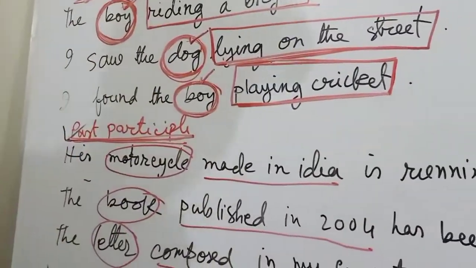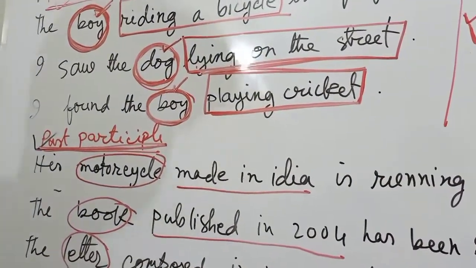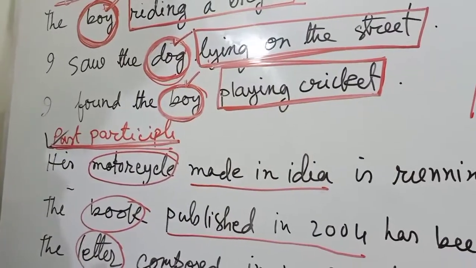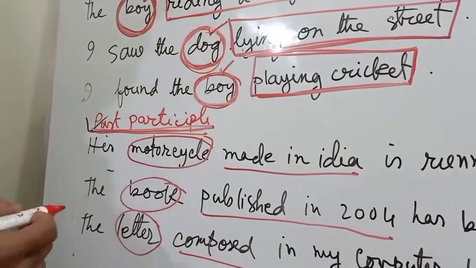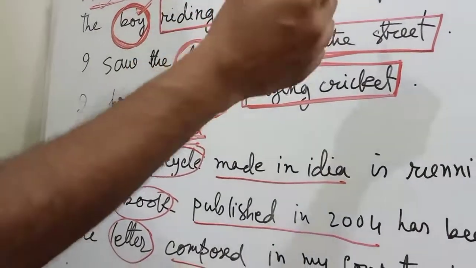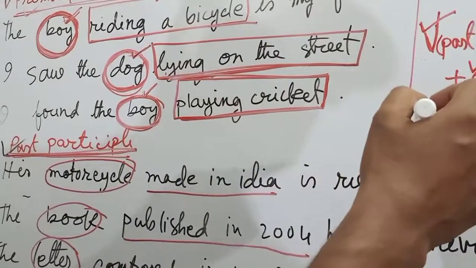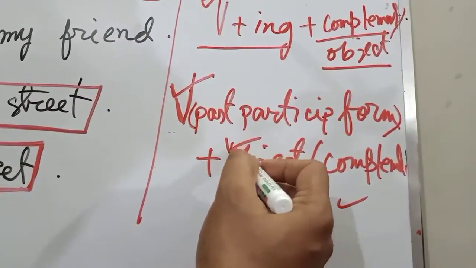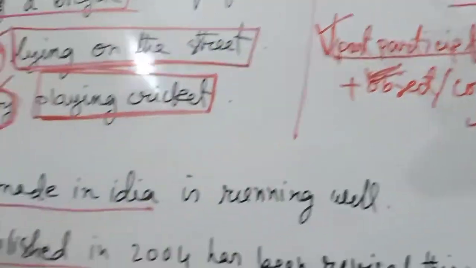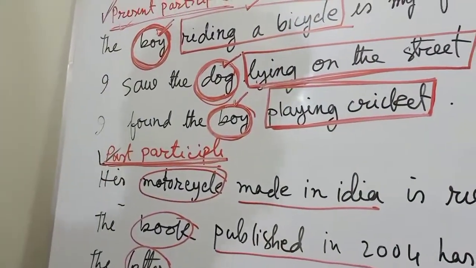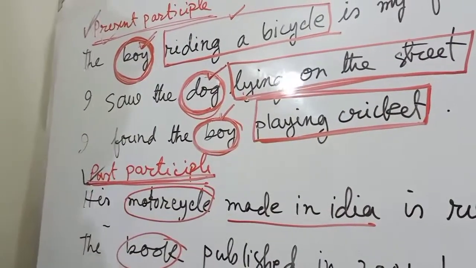Past participle phrases are also used as post modifiers. How? A past participle phrase consists of the past participle form of a verb and the object. Here we will get a clear idea from the examples.